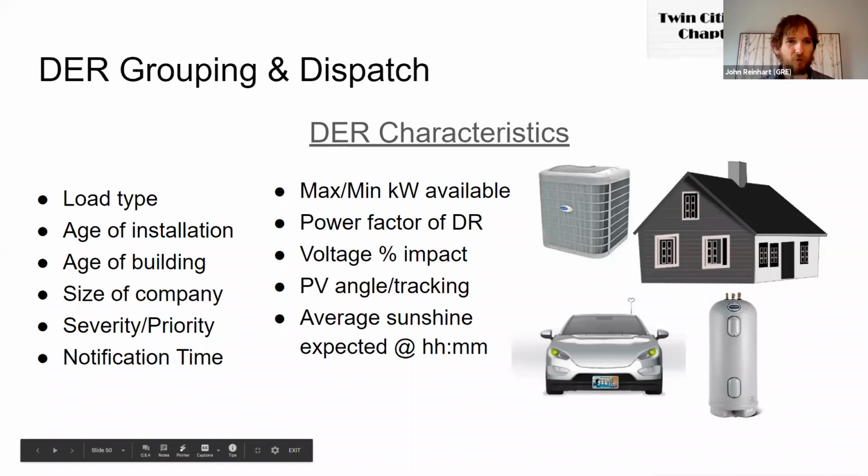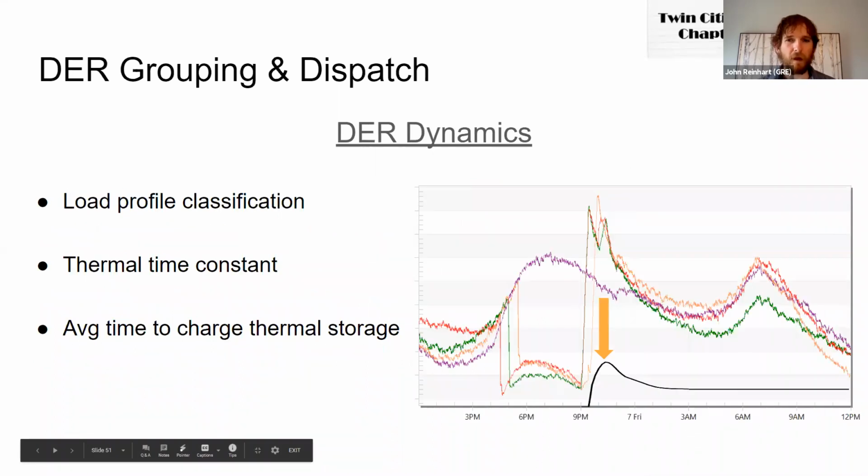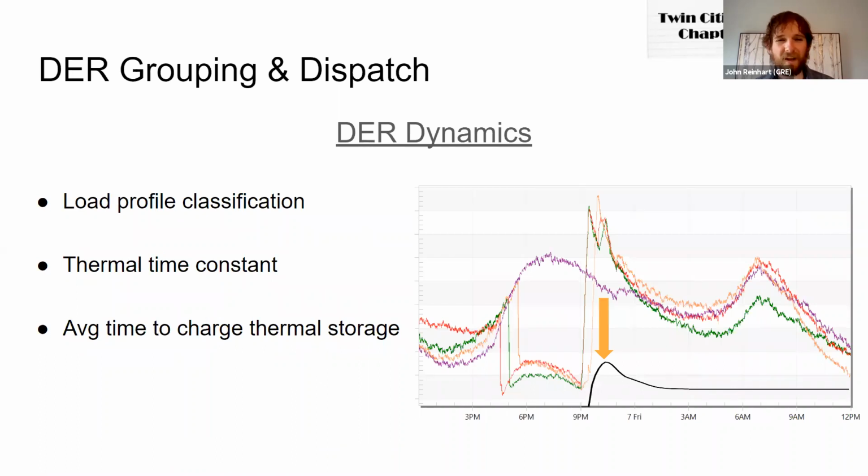The last example, and then I kind of want to wrap up with maybe a bit of a silly example, but this one here is about dynamics, like the time response. And what I'm showing is a graph from one load management event that Great River Energy had dispatched in recent months.